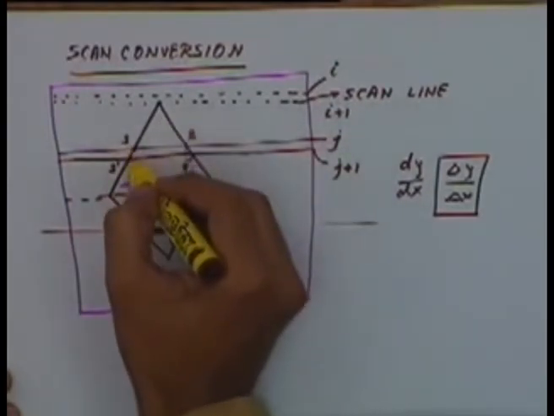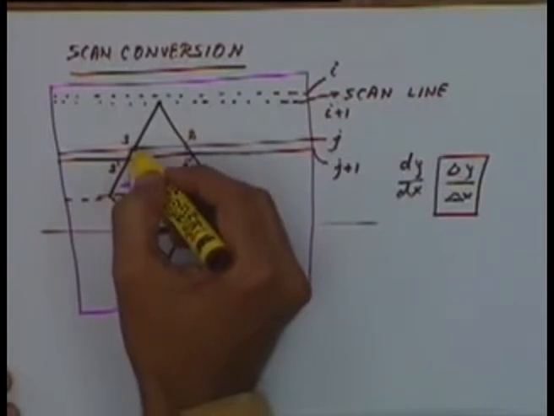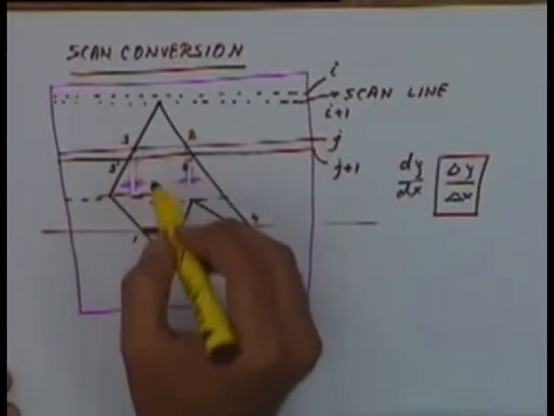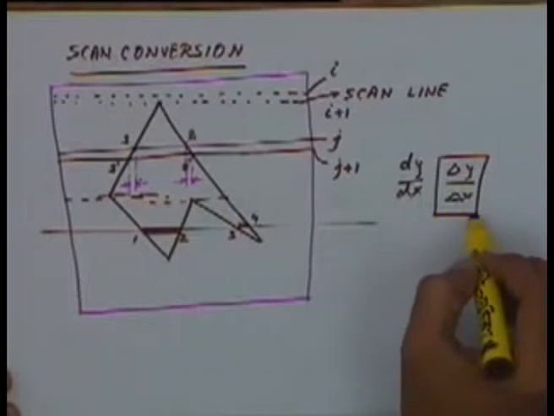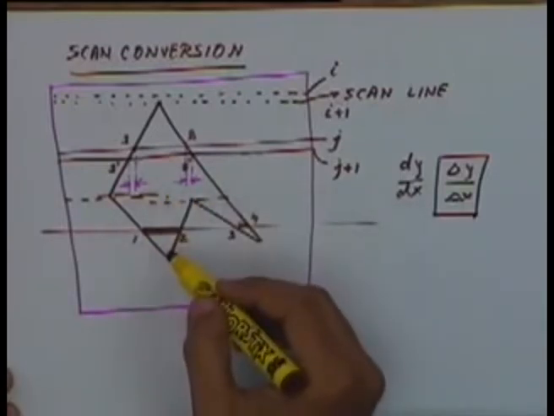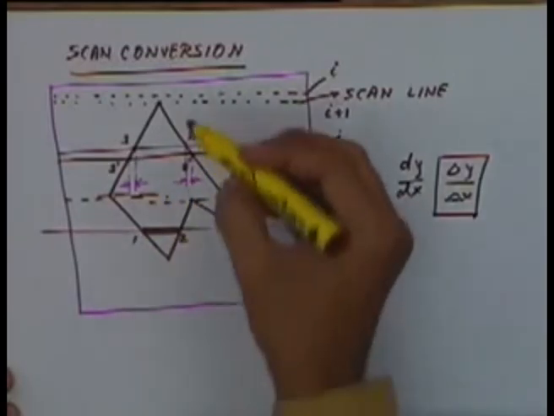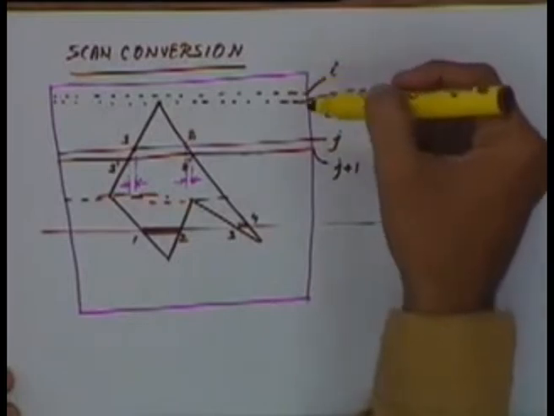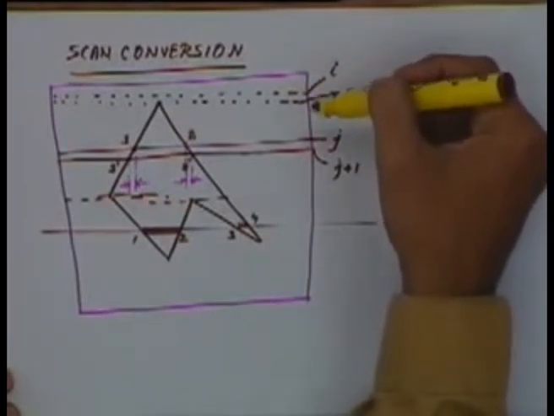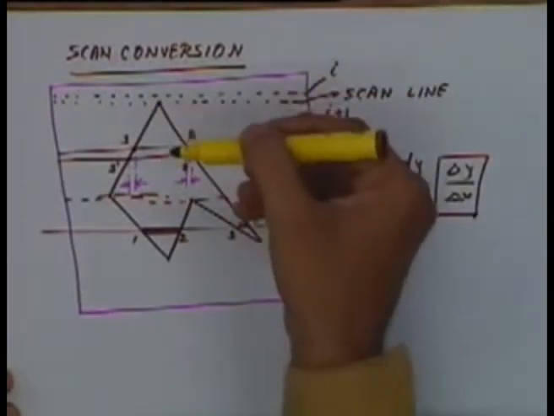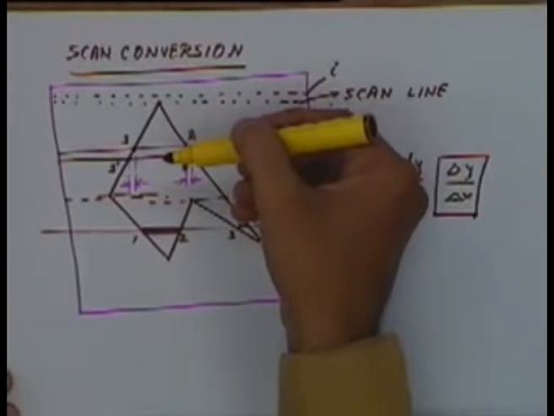As we go from scan lines in these positions from here to here, the intersection points will change by an amount equal to delta y by delta x. So, if you are able to keep track of these changes, then from one scan line to the second scan line, we can keep deciding which pixels are inside and which are outside.